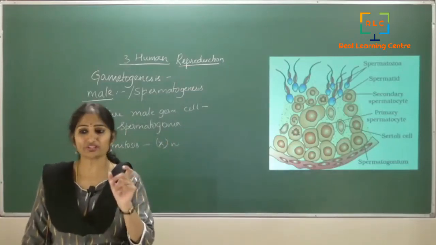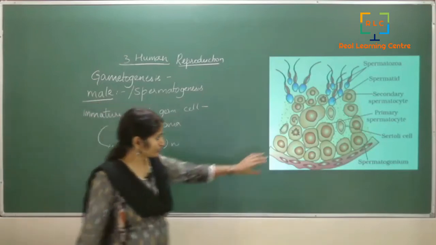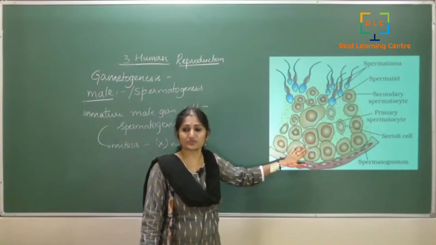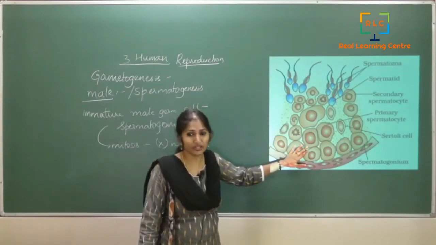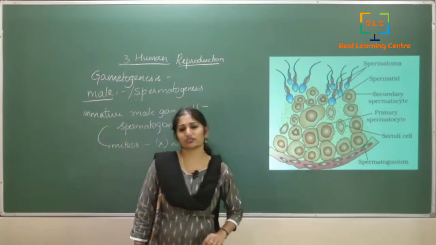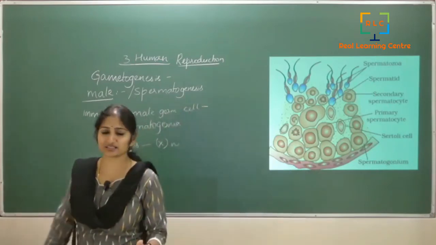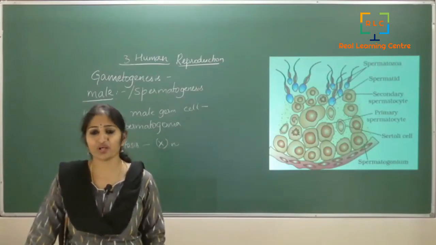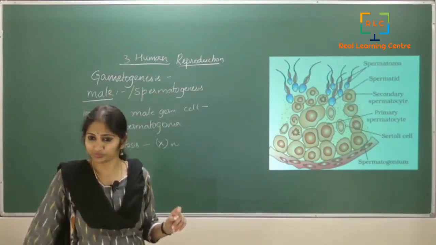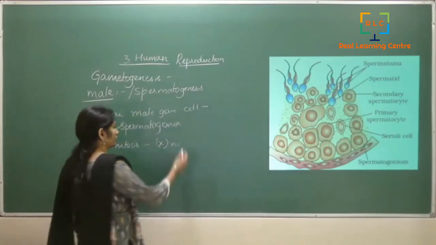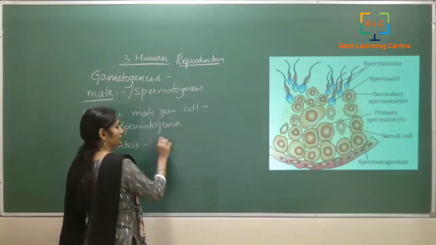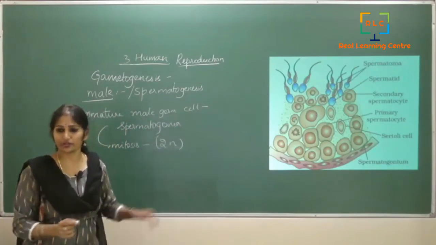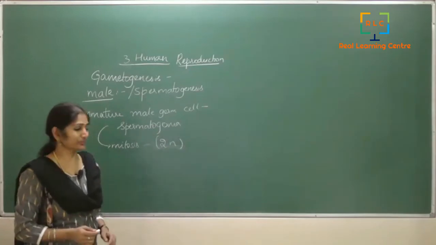So every spermatogonium is always increasing in number by mitotic division, and throughout a man's life there is this spermatogonium present, right? Now the spermatogonium is always diploid in nature. And why is this diploid? Because they are dividing mitotically, right?